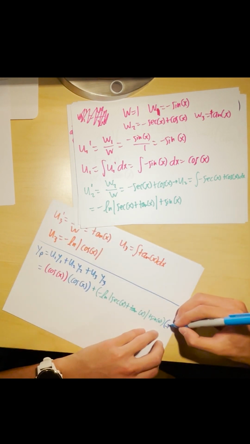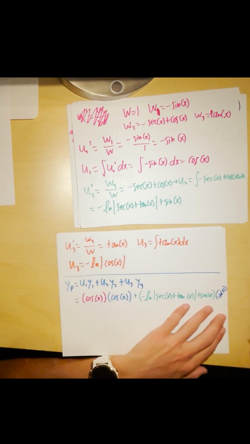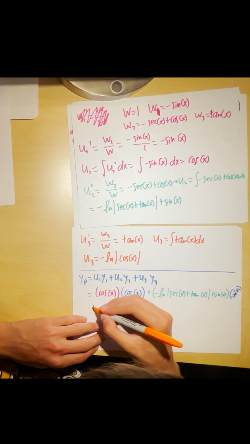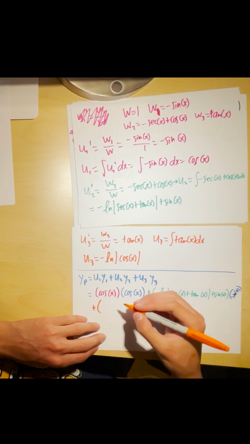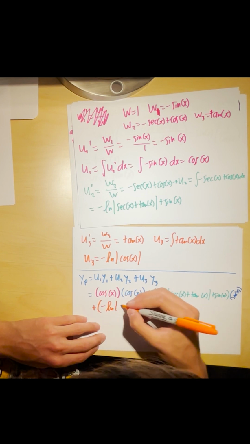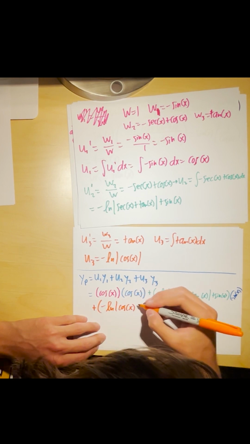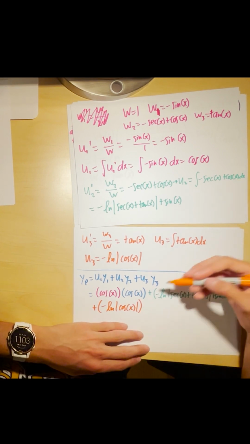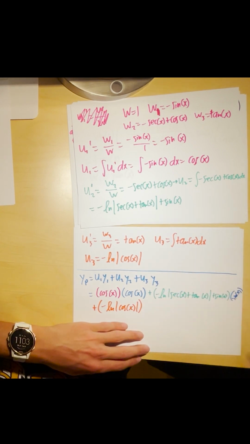I'll write it sideways so it fits. Finally, we add this to u3, negative ln of the absolute value of cosine x, and we multiply this by y3, which is just 1, so I'm going to leave it like that.